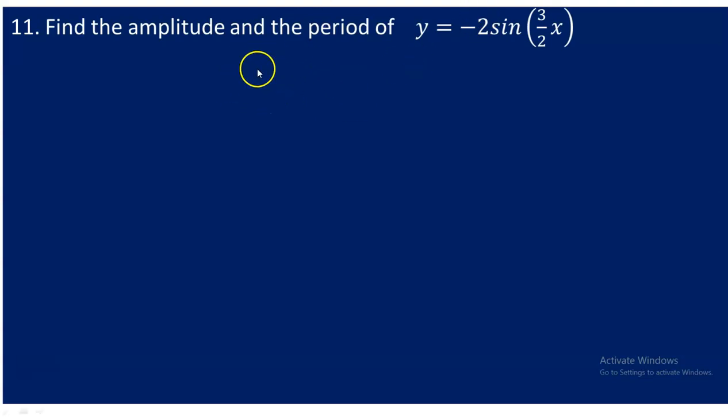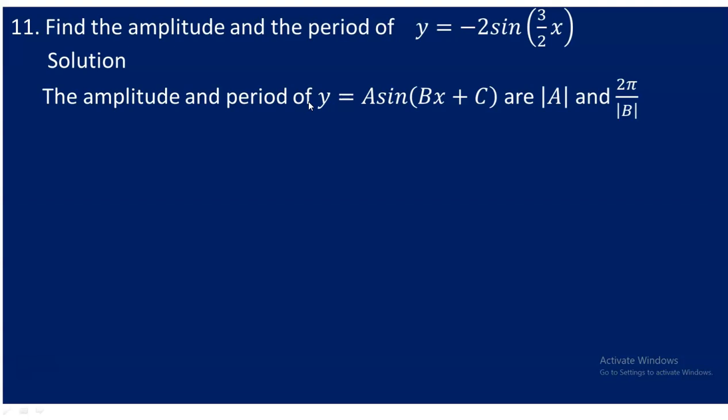Whenever you are given such a function, students, there is one thing that I would like to point out here. For any function given by y equals a times sine of bx plus c, the amplitude is given by the absolute value of a, and the period is given by 2 pi divided by the absolute value of b.